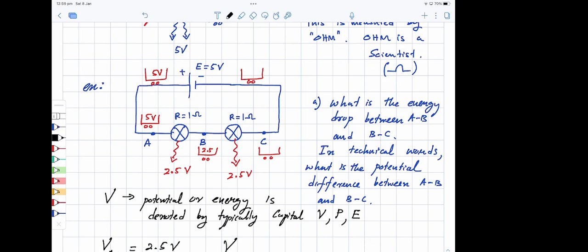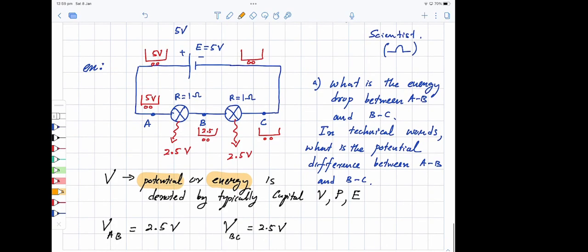Potential between B and C would be 2.5 volts. So now what is potential? Potential means nothing but energy. Energy between A and B is 2.5. Energy between B and C is 2.5. Make sense? Understand the story, otherwise this is going to be very hard to understand. This story helps enormously.